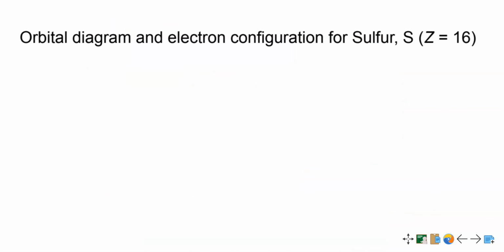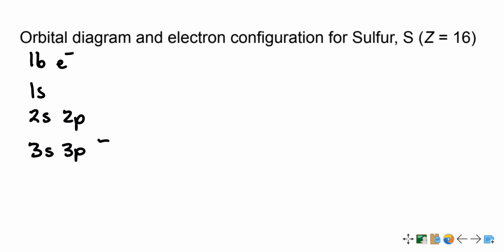So an orbital diagram and electron configuration for sulfur, which has a Z of 16. And that means its atomic number is 16, which means it has 16 electrons. So let's switch to black. So it's got 16 electrons. Now, because of the diagonal rule, which we're not going to need to go further than that, so I'm not drawing further than that.